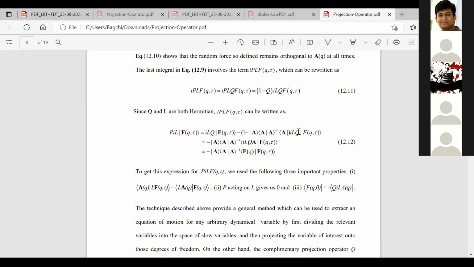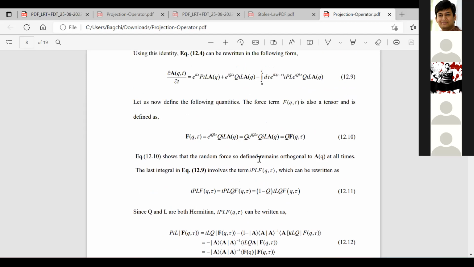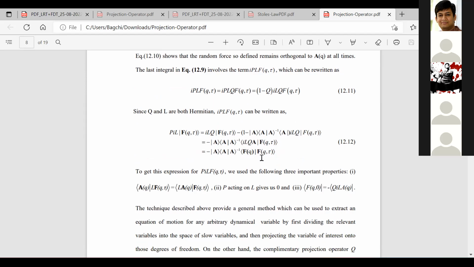This always happens with the projection operator technique. Okay, but let's try it. So 1 minus Q, so iLF(t). So I take out the LQ F(t), so LQ F(t) here, and then I have whatever it is. It is correct, but I cannot seem to get a handle on all the terms here. It is possible.